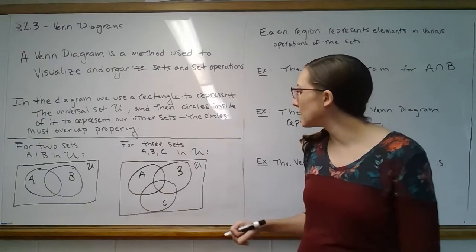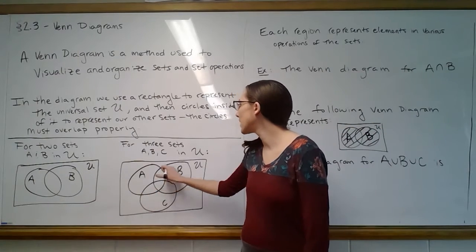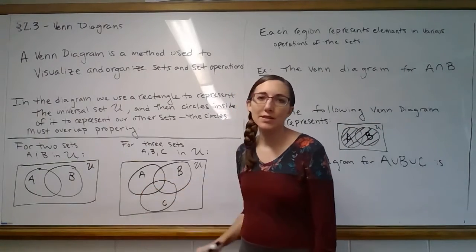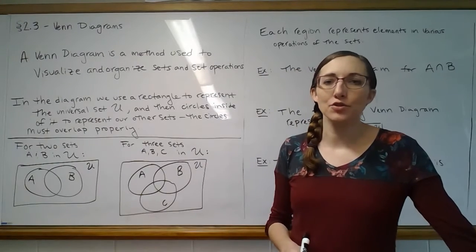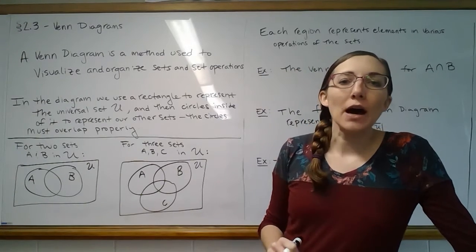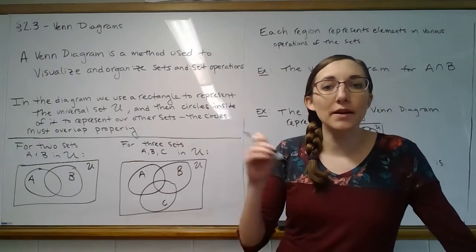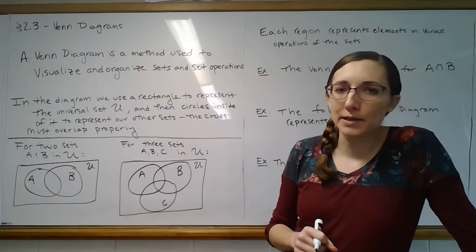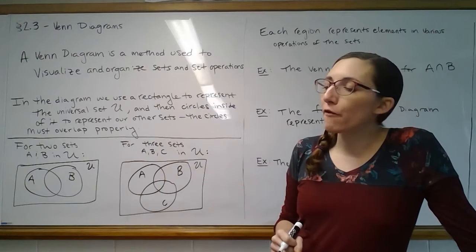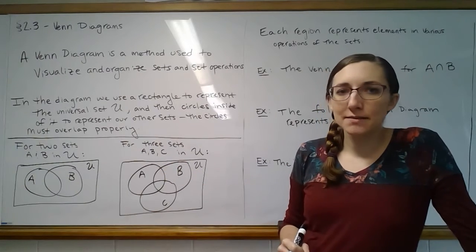If we did it correctly, we should end up with kind of a trefoil knot or the Trinity symbol in the middle. You could rotate that whole thing, obviously, if you need, but those 3 circles need to be there and those overlaps need to be done properly. So that's our Venn diagram for 3 sets.